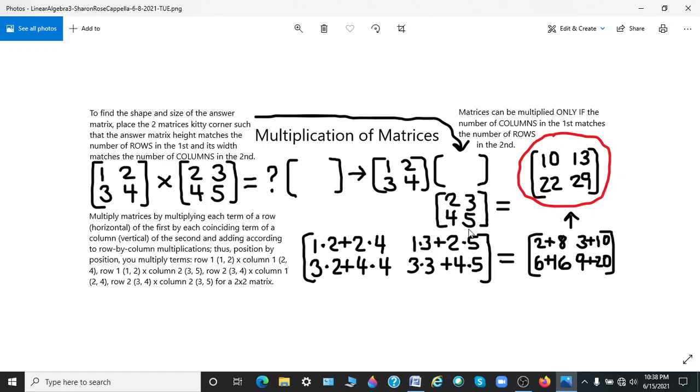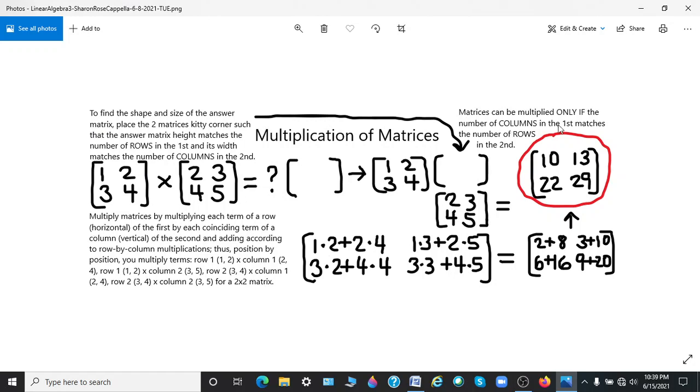The columns of the second match the width. So if you have different size matrices, just switching the order makes the outcome different, because you're following rows of the first and columns of the second. I'll explain as we're doing. We're just going to do the computations.